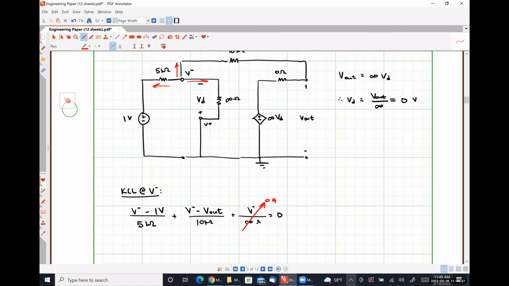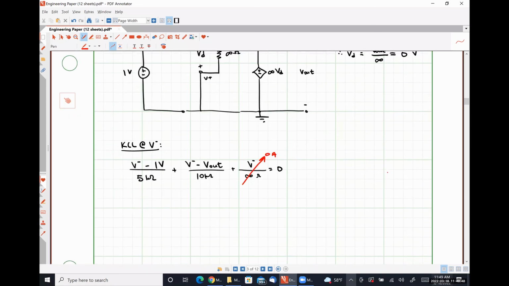Okay. So we now have this simple equation, which using a very trivial amount of algebra tells us that V out is negative 10 kiloohms over 5 kiloohms times 1 volt, or 2 volts.